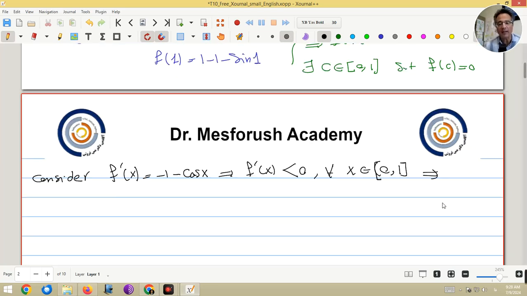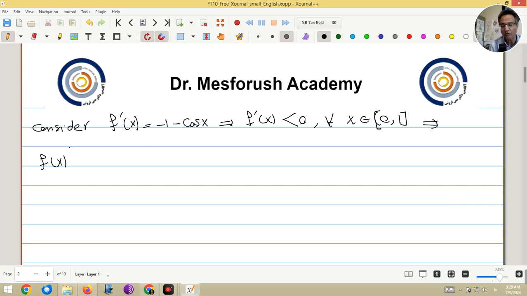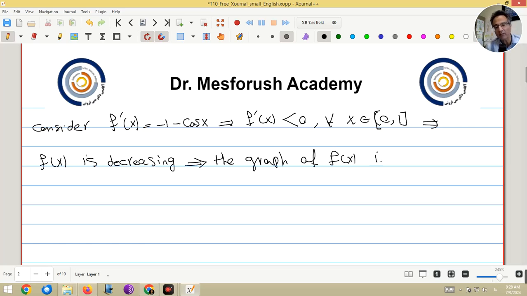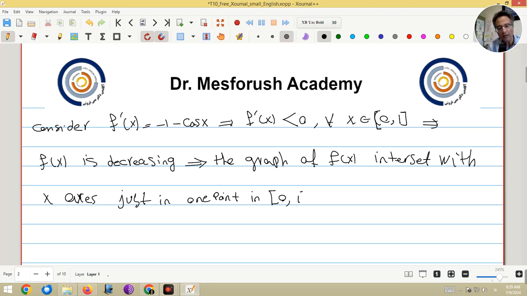This means that f(x) is decreasing, and this gives that the graph of f(x) intersects the x-axis in just one point in 0 to 1, and this completes the proof. So there is a unique c in the interval.